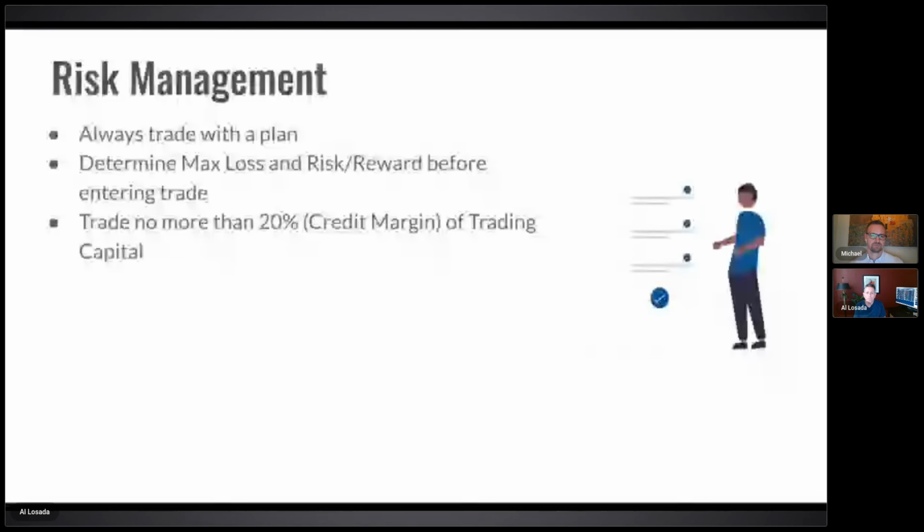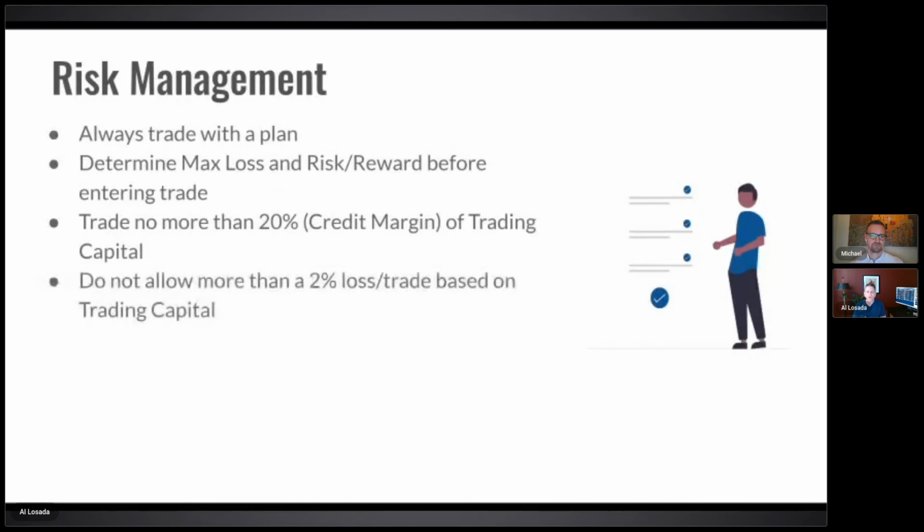So that you're going to be able to trade the next day, okay? Don't allow more than 2% loss, and sometimes there's a lot of traders that use 1% loss based on your capital. And for highly trending markets, position your trades to follow that trend, okay? And that's really one of the hallmarks of this kind of trading, okay?